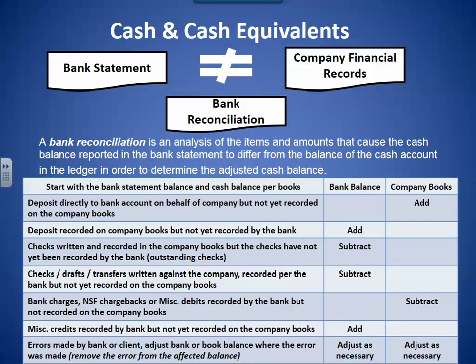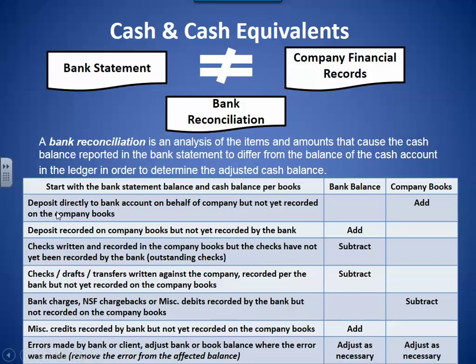And again, the CPA exam likes to test these differences, whether it be a bank reconciliation or what you should include in your company financial records for cash and cash equivalents. I've created a matrix that classifies all the major differences between our company financial records and our bank statements, and what you would normally do to either the bank balance or company books.